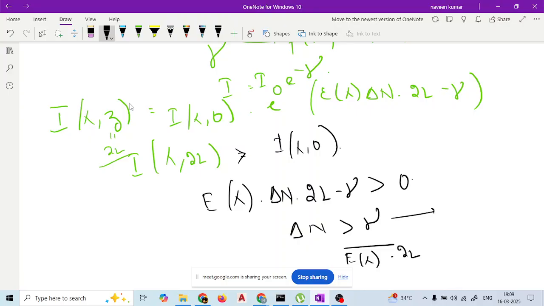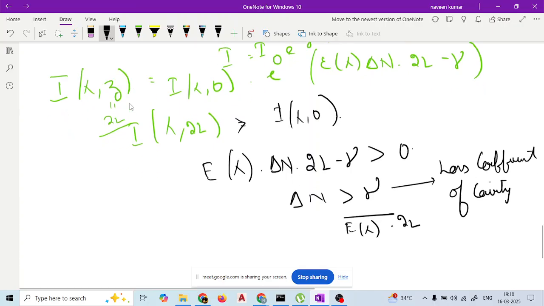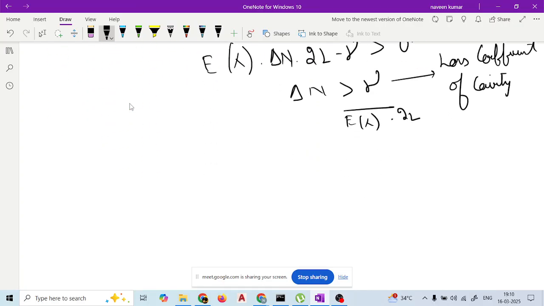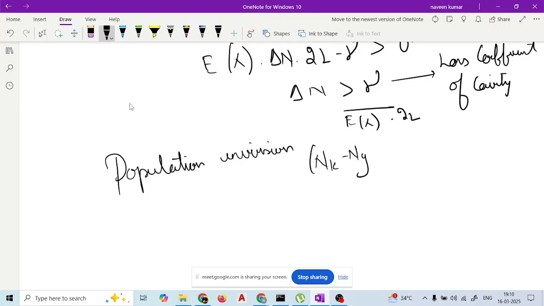Loss coefficient of guiding. To achieve the population, population.